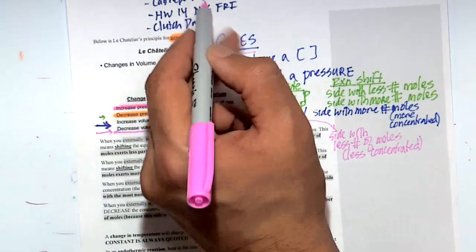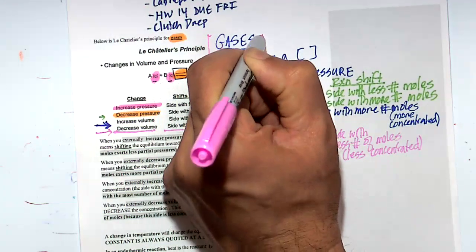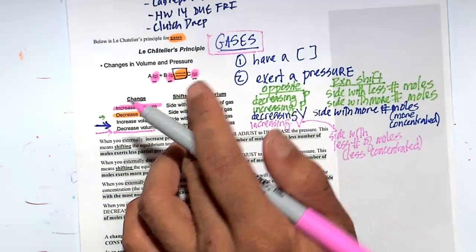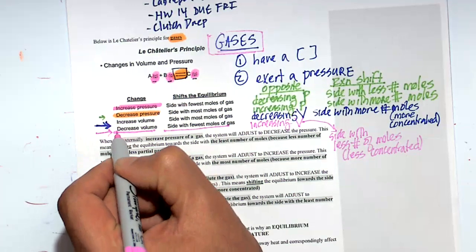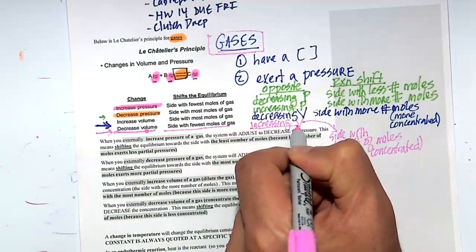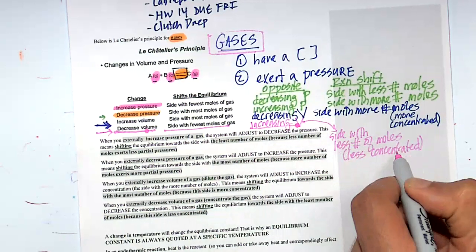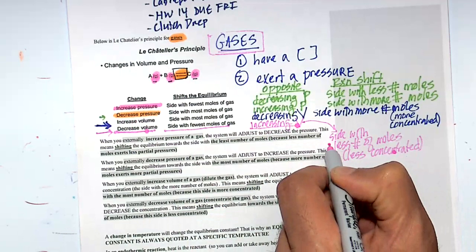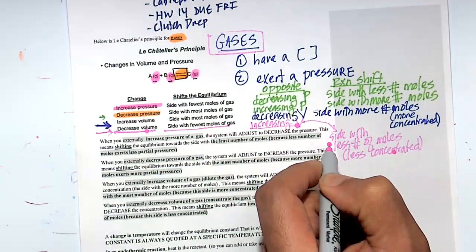All right, so obviously this is a little bit confusing because you have to think counter. Once again, let me explain. If you decrease the volume, the reaction will shift to the side that has more volume. The side that has more volume is the side that's less concentrated. The side that is less concentrated is the side of the reaction that has a less number of moles.